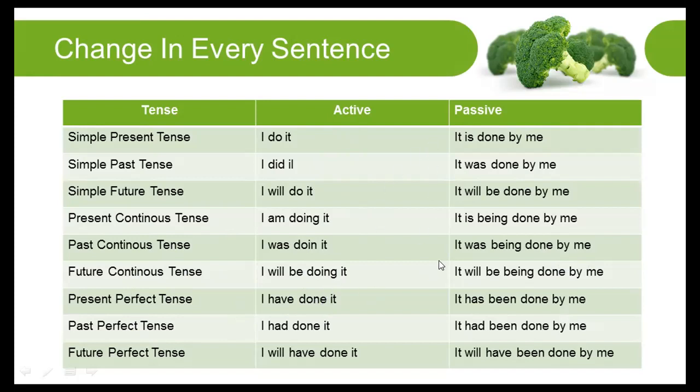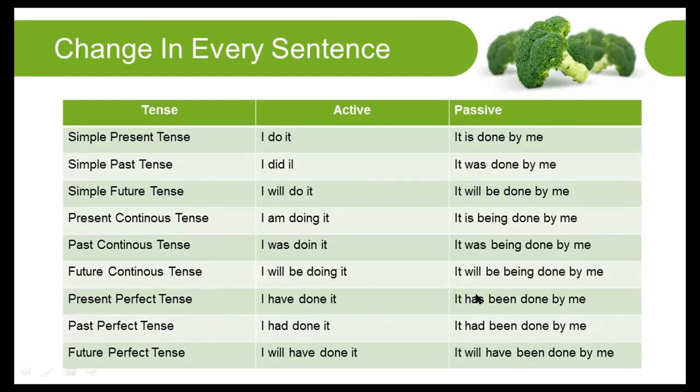How about the passive? In the passive, we also must put verb 3. If we meet the present perfect tense or perfect tense, the verb has to change to verb 3 or past participle form.